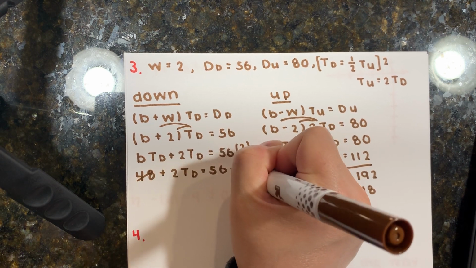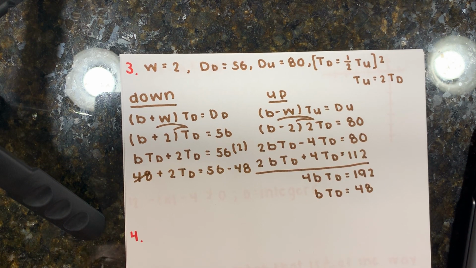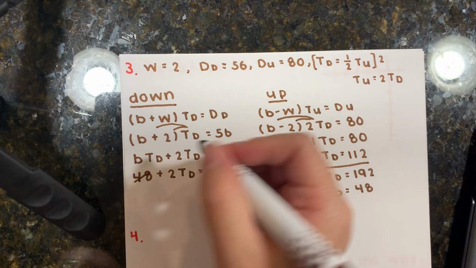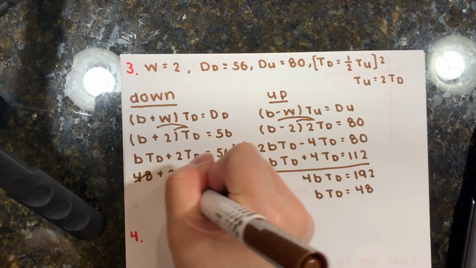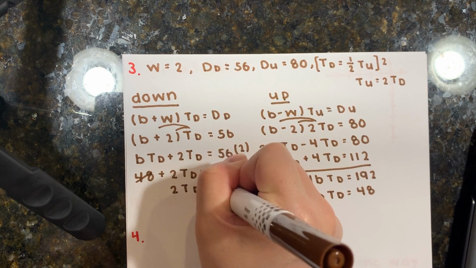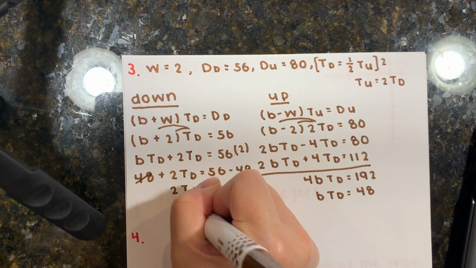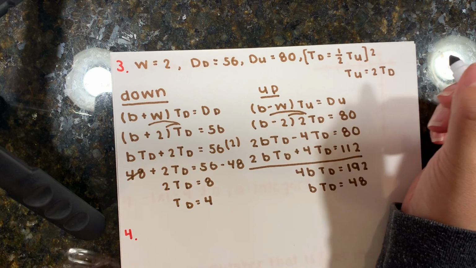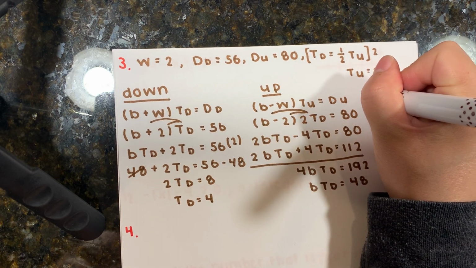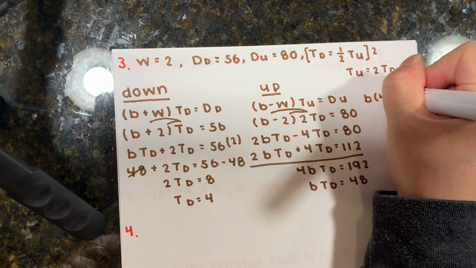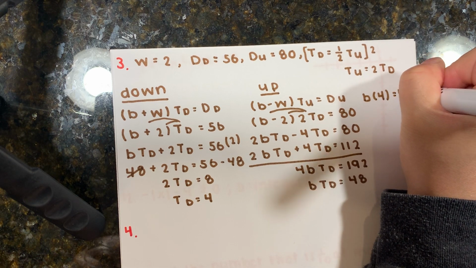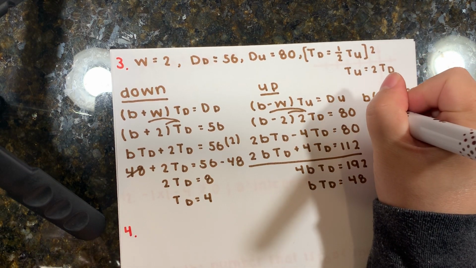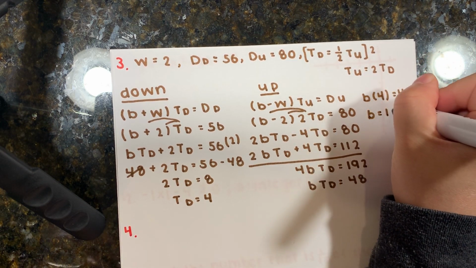Subtract the 48, so that would be 2TD equals 8. Therefore TD is equal to 4. And then I'm going to plug that into this equation here, which is B times 4 equals 48. So that means the speed of the boat is going to be equal to 12.